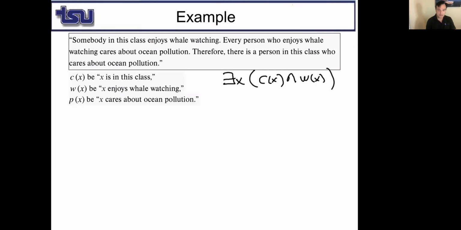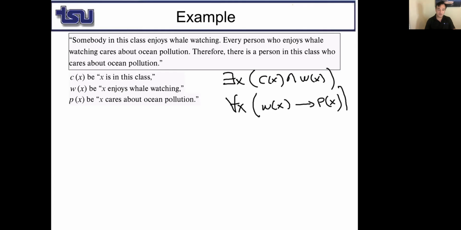And the second premise, every person who enjoys whale watching cares about ocean pollution. Everybody, all students in this school, if they enjoy whale watching, then they care about pollution. Okay, that's the second one, right?